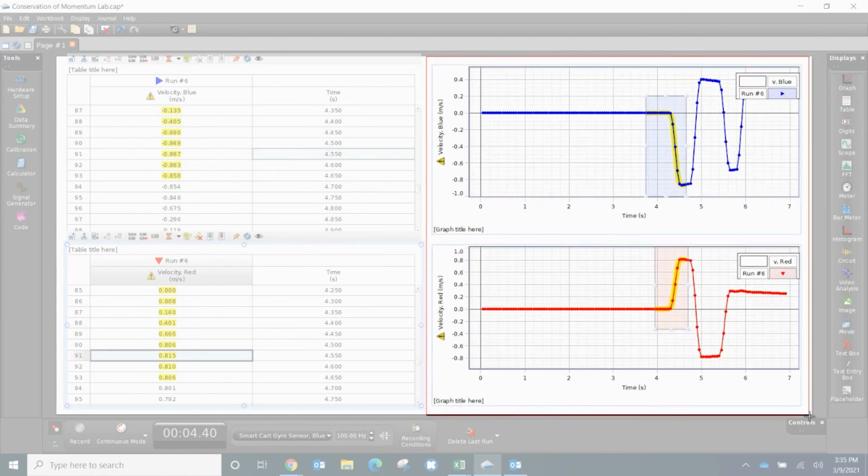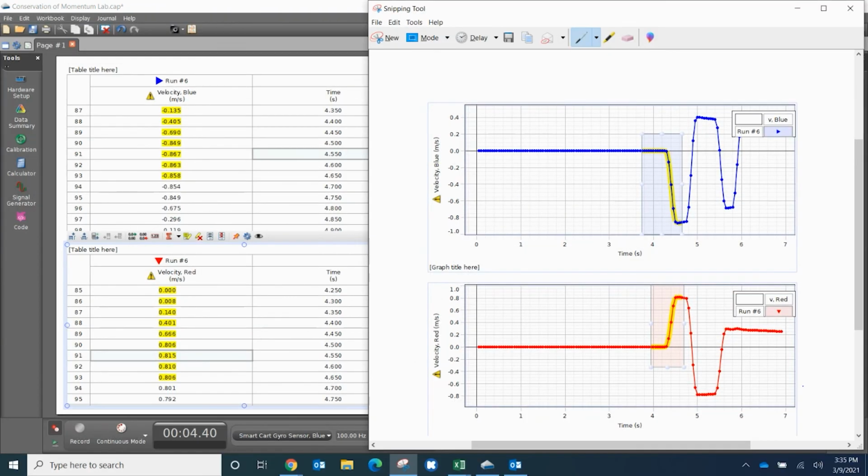Make sure I have the axis labels, right? So time, and you can see the velocity for each. And what that does is gives me a nice image that's copied to my clipboard. I can then go ahead and paste that into a Google Doc and then label which one it was. And everybody in your group can have access to that data and have it for their lab reports.